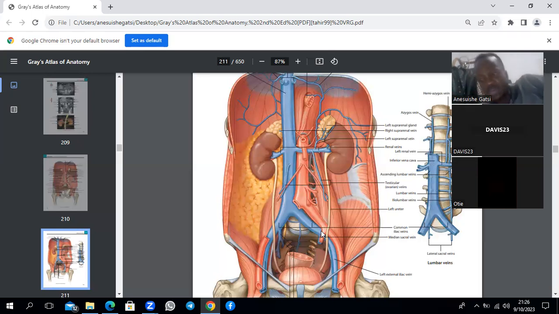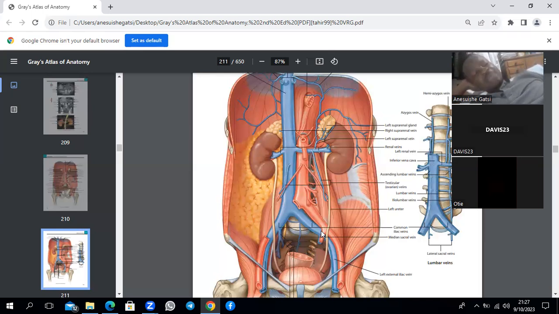We divide our ureter into thirds: upper third, middle third, and lower third. The upper third gets its blood supply from the renal artery. It's closer to the kidney, so it gets its blood supply from the renal artery. The lower third is closer to the bladder, so it gets its blood supply from the artery of the bladder, which is the superior vesical.